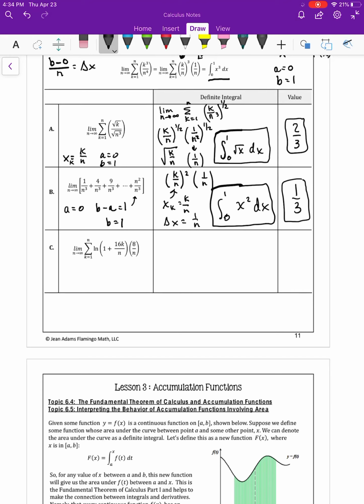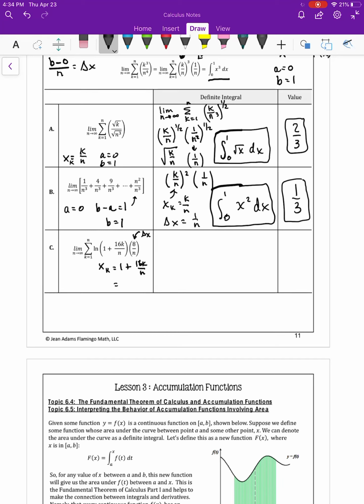So we've got this being equivalent to the integral from 0 to 1 of x squared dx. And that one would give you 1/3 if you put it in your calculator.